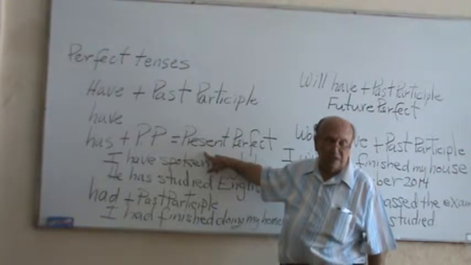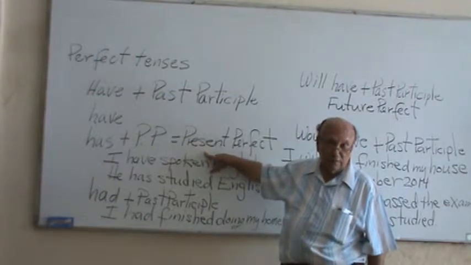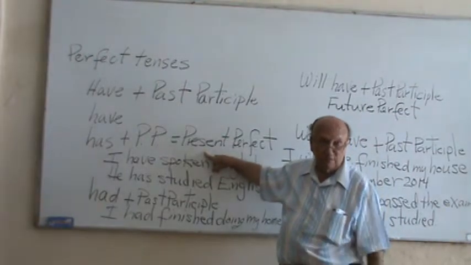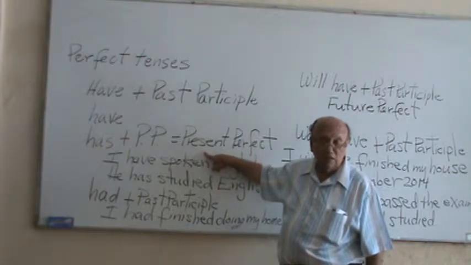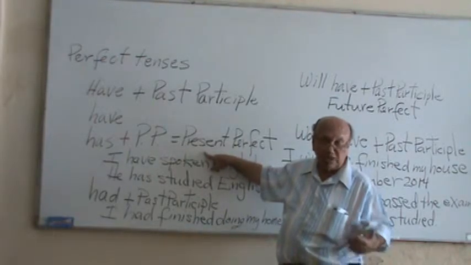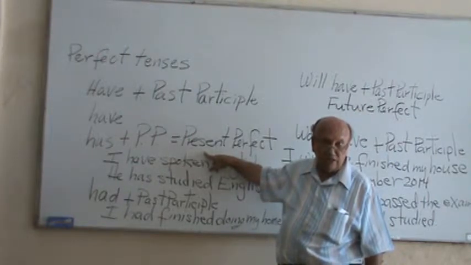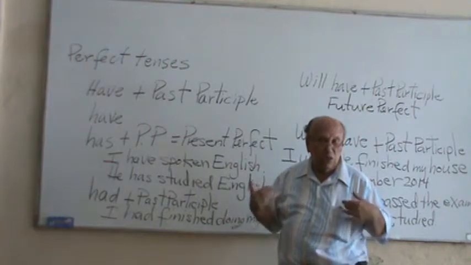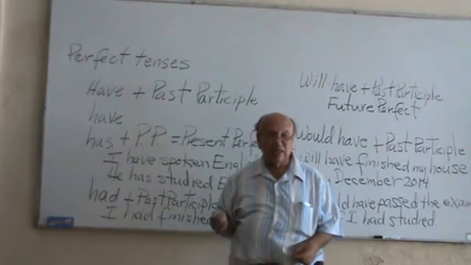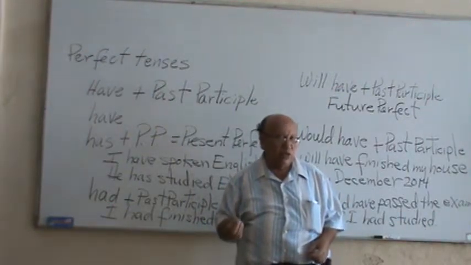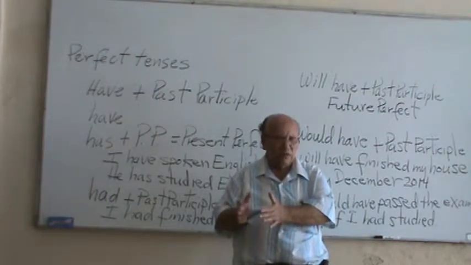You have to remember that the antepresente in Spanish is yo he, con H, tú has, con H, nosotros hemos, ustedes han, y ellos han. In English, I have, you have, he has, she has, it has, we have, you have, and they have. Plus the past participle of the main verb.